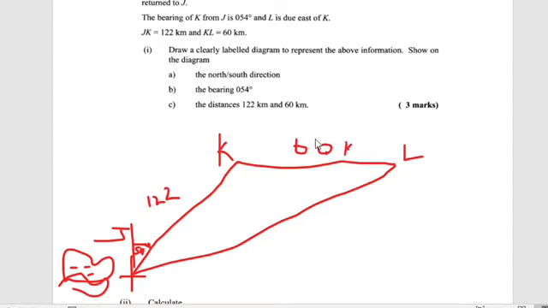And the requirements label the north and south directions on each point. What we have is, so this is basically north, this is east, this is south, same thing right here, this is west.